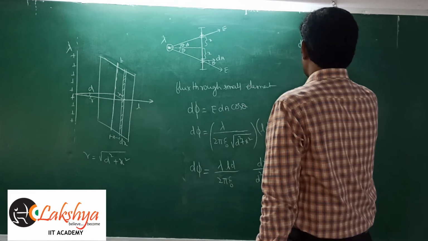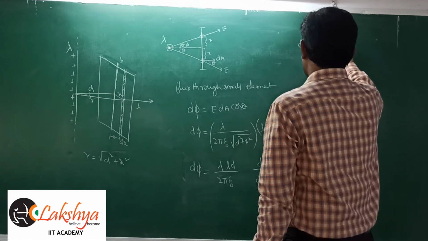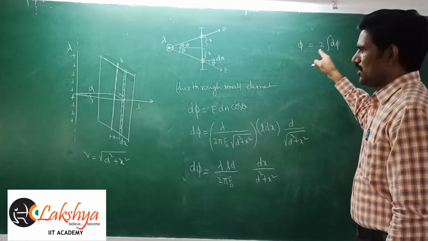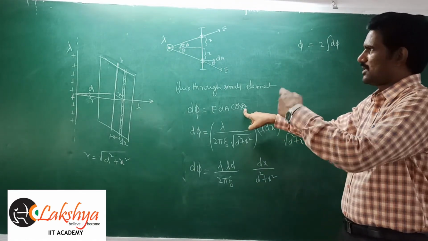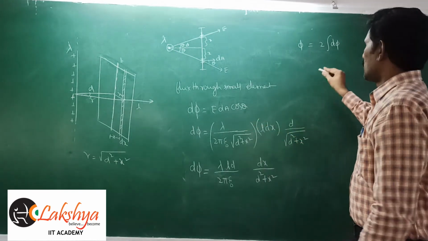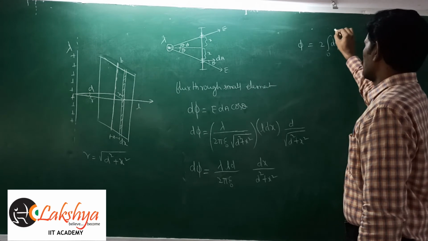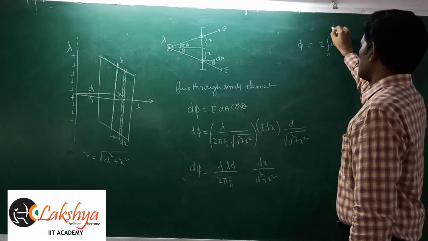So the total flux will be 2 times the integral of d phi, taking both the elements here. Here x is varying from 0 to b by 2.